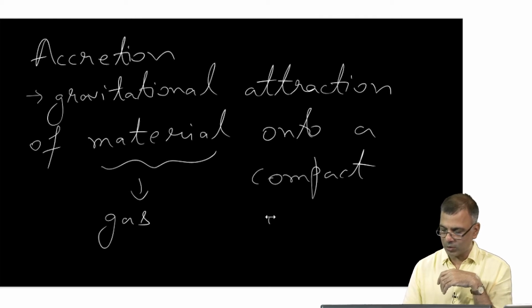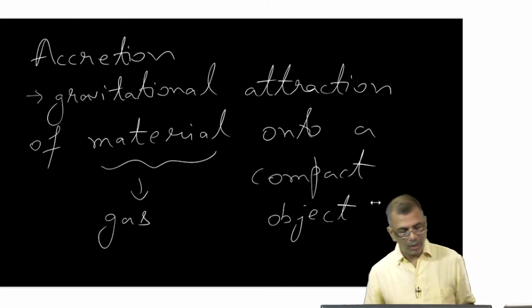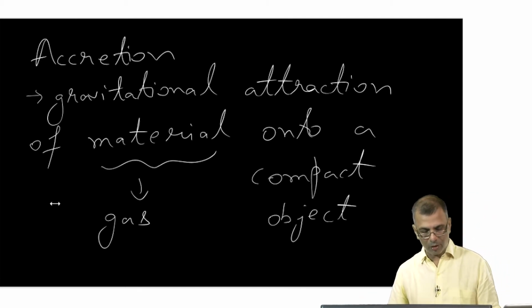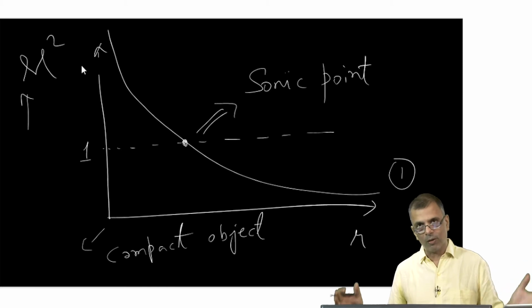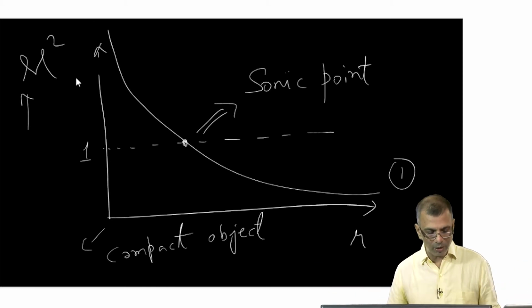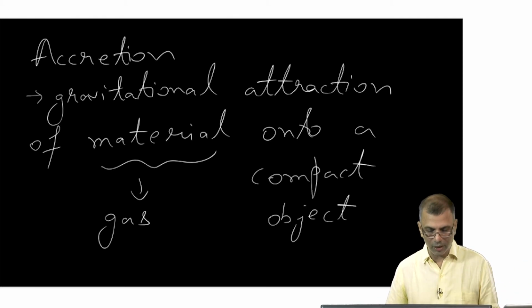The compact object can be a black hole or a neutron star. Whether it's a black hole or a neutron star will simply influence the boundary conditions here. That is all. A black hole has no surface, so it just swallows the material. A neutron star, on the other hand, does have a solid surface.